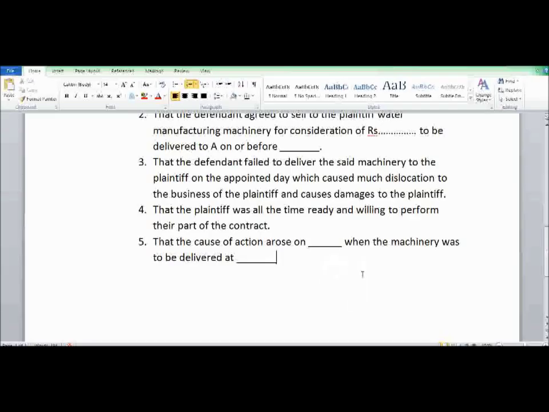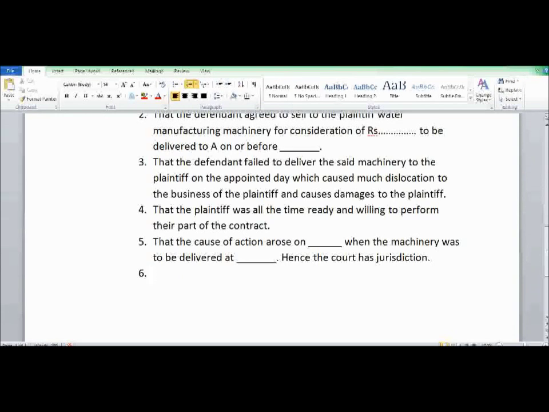What we have done is state the place on which the cause of action has arisen, and at what place the machinery has to be delivered. So we will write, hence the court has jurisdiction. Here is a point that every court has its pecuniary limits.